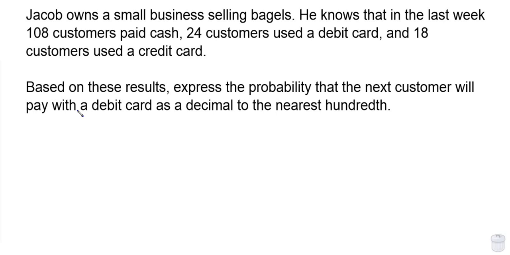Okay, Jacob owns a small business selling bagels. He knows that in the last week, 108 customers paid with cash, 24 customers used a debit card, and 18 customers used a credit card. So three different forms of payment here.